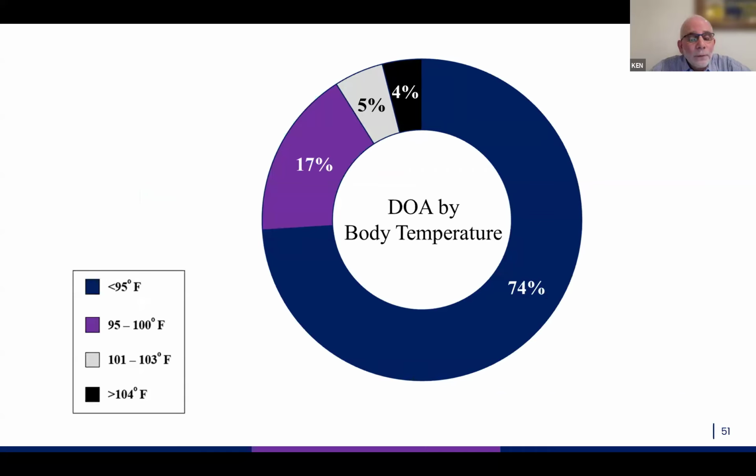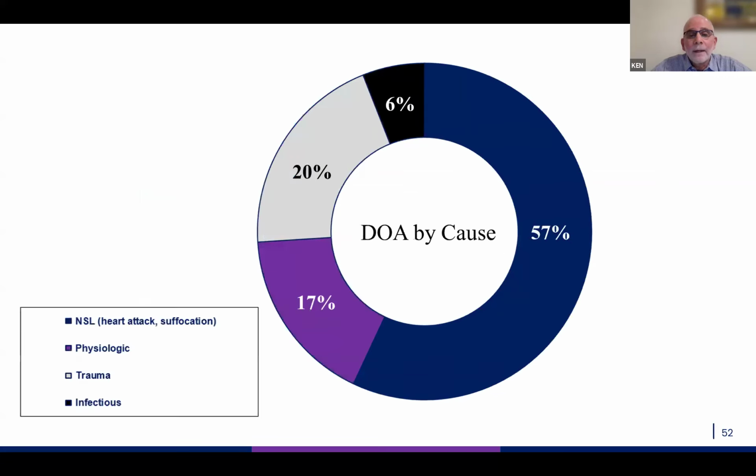From this, we looked at our results, and what we found was that most of the DOAs' body temperature was less than 95. Normal body temperature is 103, 104. So they'd been dead for quite a while.